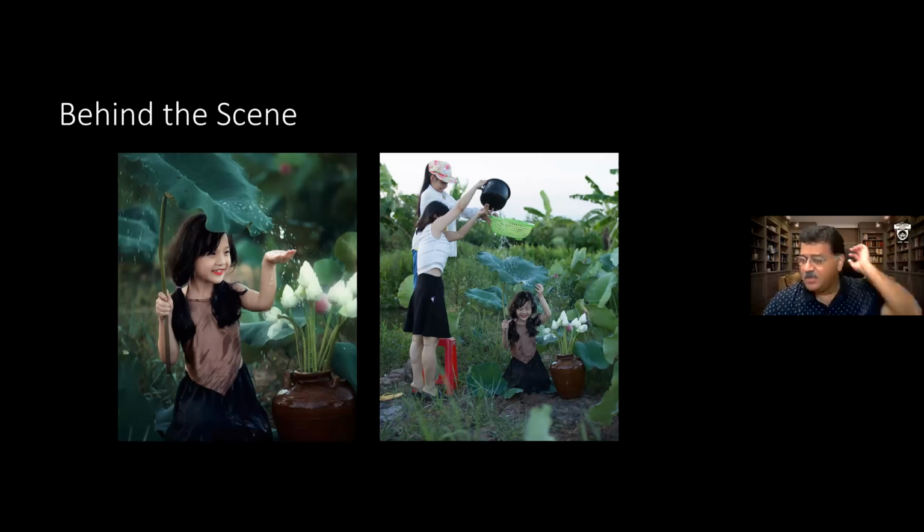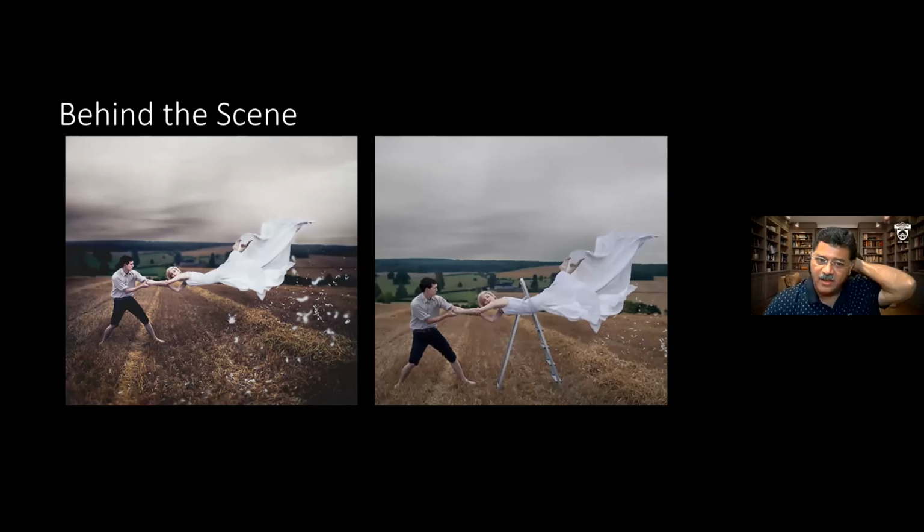So these are the famous levitation shots where people are flying or above the ground, and this is how it's done. Probably someone was holding the back of the dress and threw it just in time for the picture so that it is floating in the air and the person is balanced on that ladder. So this is how it's done. This is one example how you can get pictures like this.